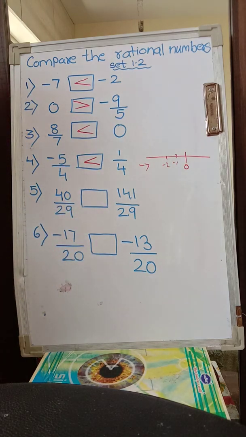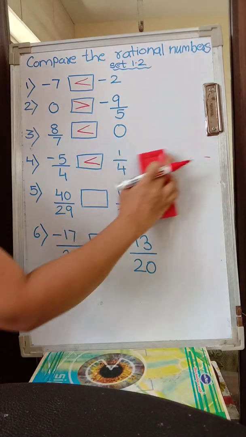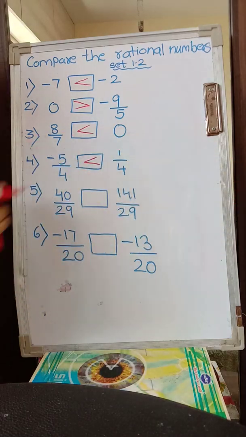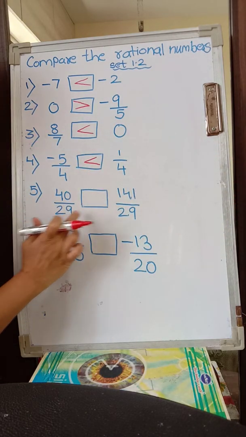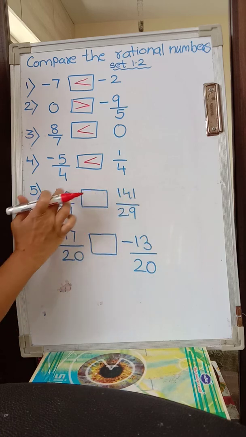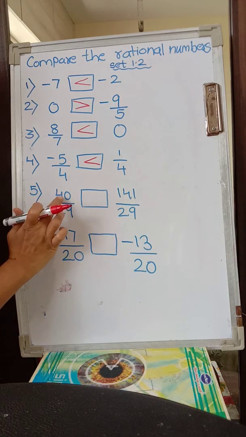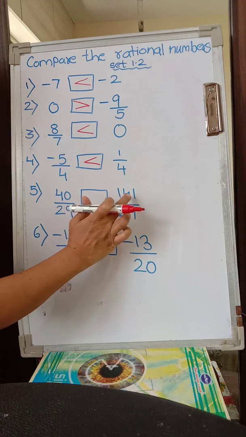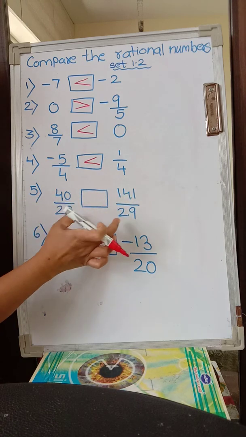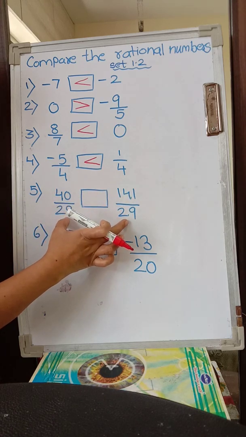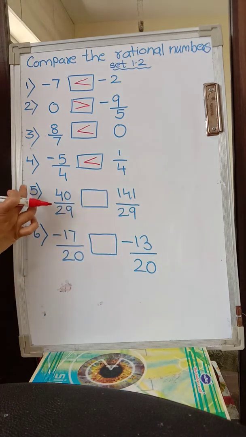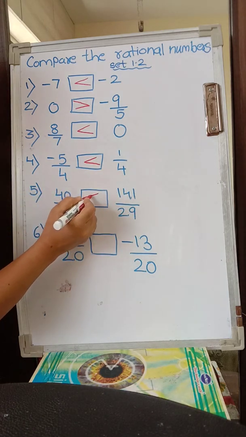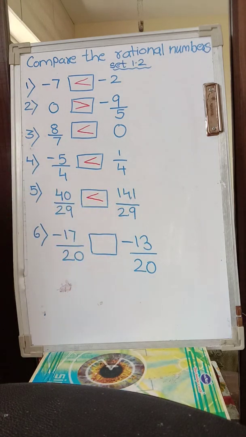Now look at this. When it comes to fractions, what you should remember is to look at the denominators. When denominators are the same, only compare the numerators. 40 and 141. 141 is greater than 40. Please look that denominators are the same, then only compare the numerators. So here 141 is greater, so put this sign.